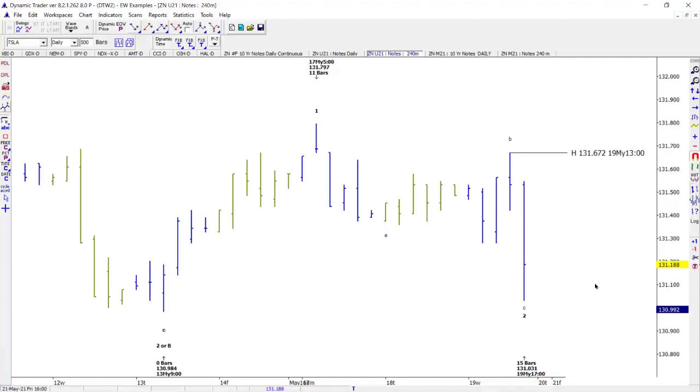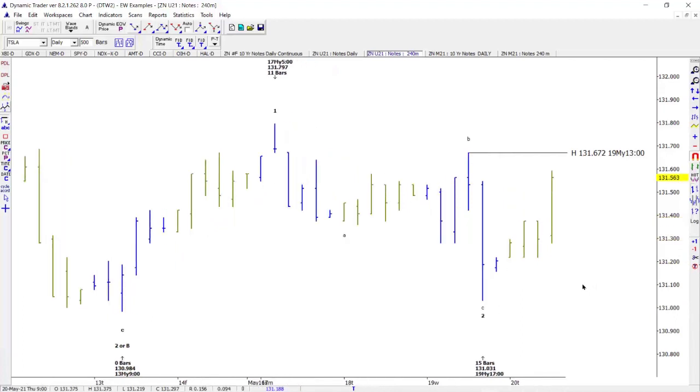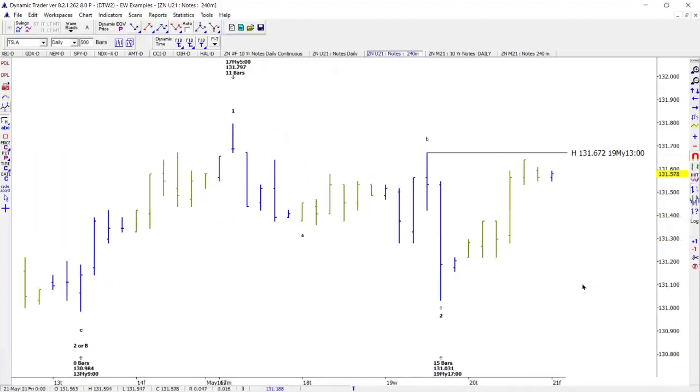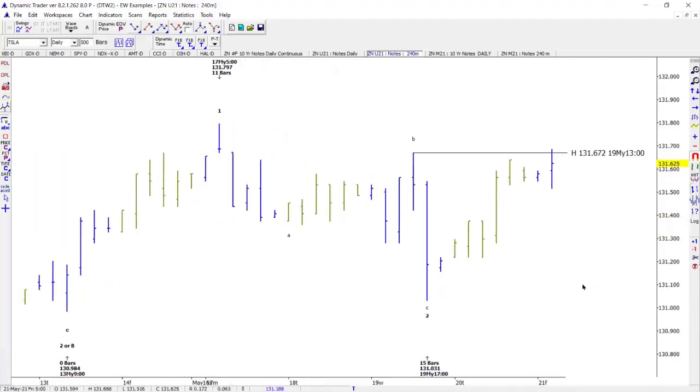So let's add some data onto this chart. Well, there we are. A couple days later, advanced above this high for a buy stop to go long. And where's our stop? Our protective sell stop. Right below the low made prior to entry. This even looks like an impulsive advance, doesn't it?